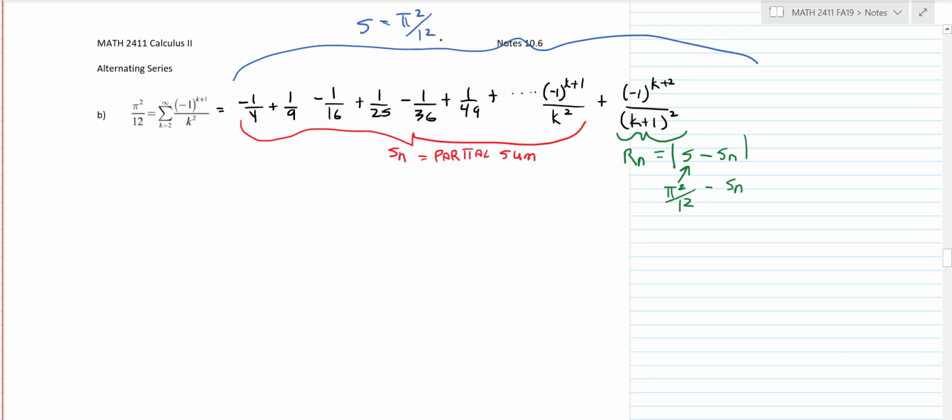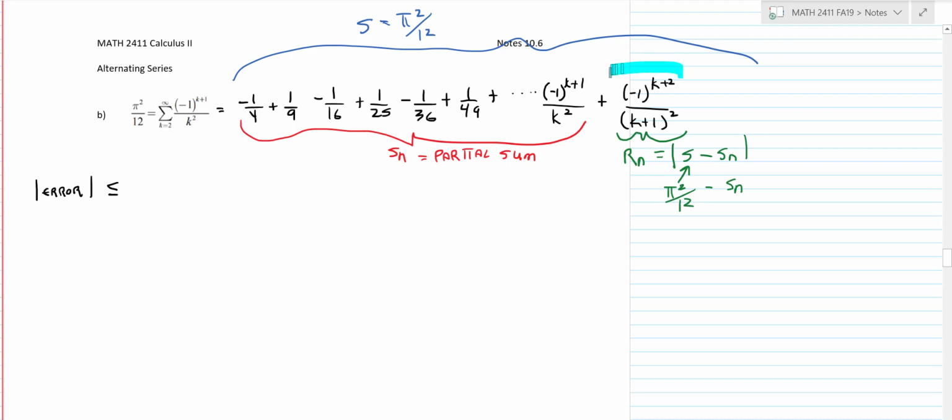Okay, so what we're going to do is work out what we've been doing. We know that the absolute value of the error in approximation ends up being less than or equal to the first neglected term.